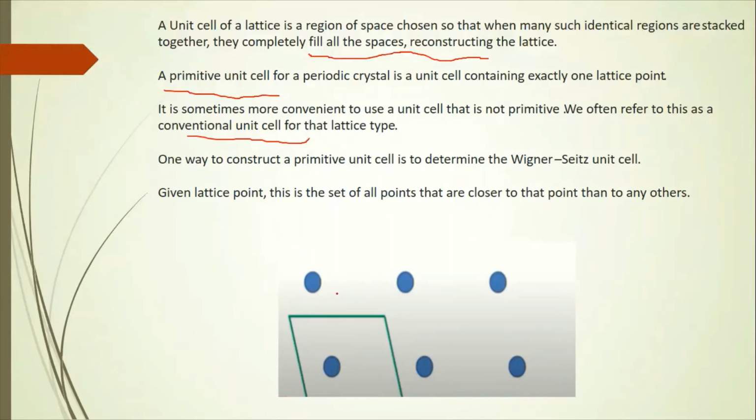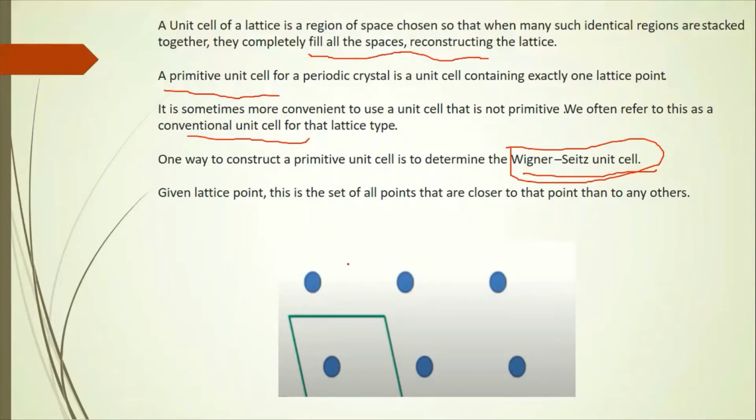For a more complicated lattice, there is a very easy algorithm for finding a primitive unit cell, called the Wigner-Seitz unit cell. So there is a way to identify a primitive unit cell for any lattice.